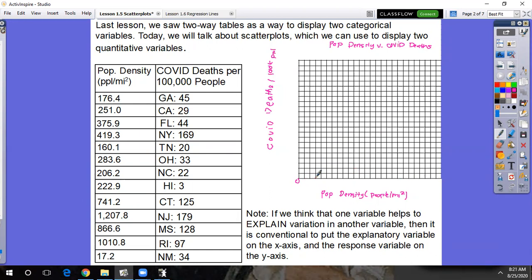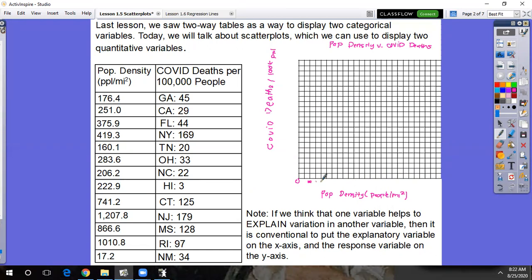I have 1, 2, 3, 4, 5, 6, 7, 8, 9, 10, 11, 12, 13, 14, 15, 16, 17, 18, 19, 20, 21, 22, 23, 24, 25, 26. Just to make this a little bit easier, I've got 26 spots. My maximum is 1,207. I'm going to make each point on the axis 50 units.